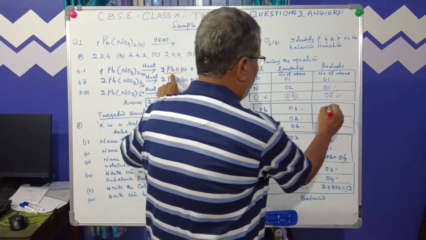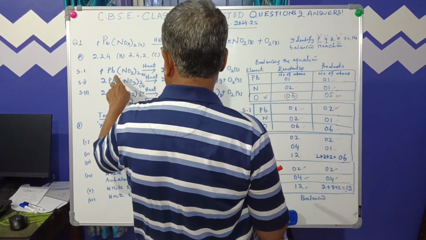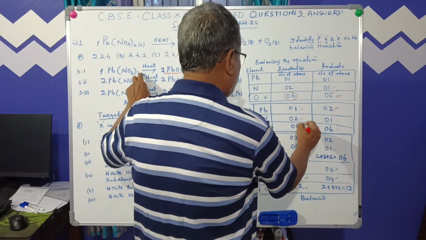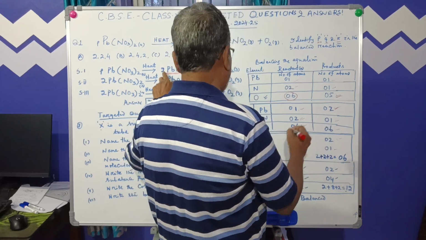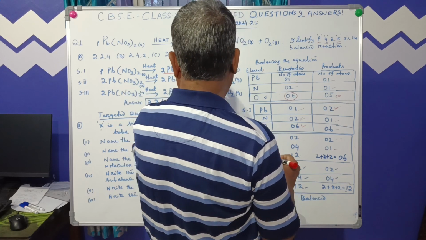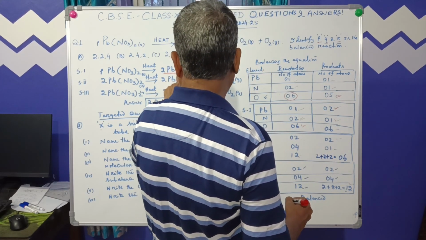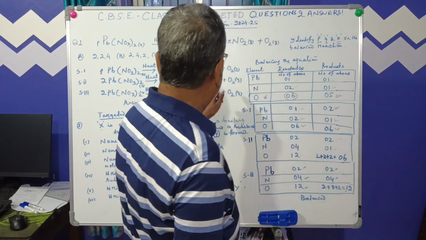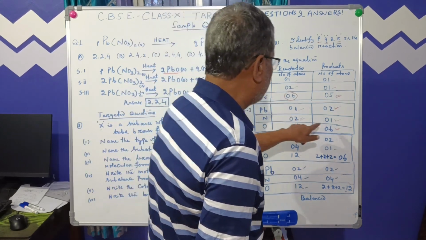Now we see in step 1, Pb is 1 on the product side and here Pb 2 because we multiplied by 2. Nitrogen 2, no change. Oxygen 6, no change. Here nitrogen is 1, no change, but oxygen is 2 plus 2 plus 2, that is 6.